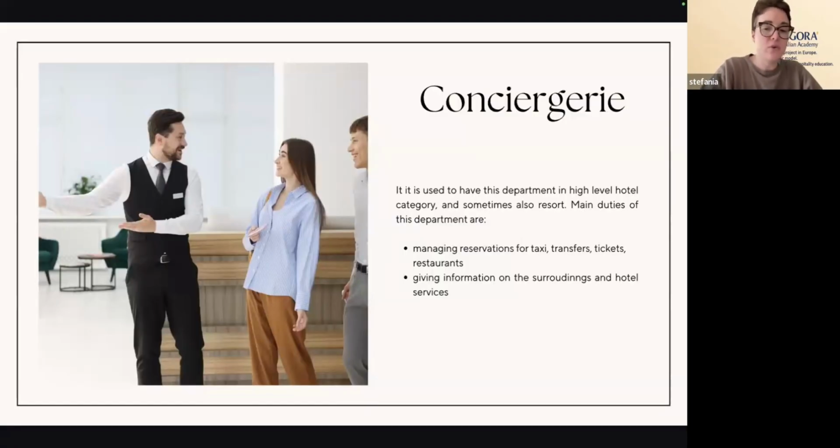The main duties of conciergerie are especially managing reservations for taxi, transfer, tickets, and restaurants, and giving information. So for big buildings, front office makes check-in, check-out, answering phone calls, and conciergerie is dedicated to giving information to the guests during the stay and booking services for the guests during the stay.